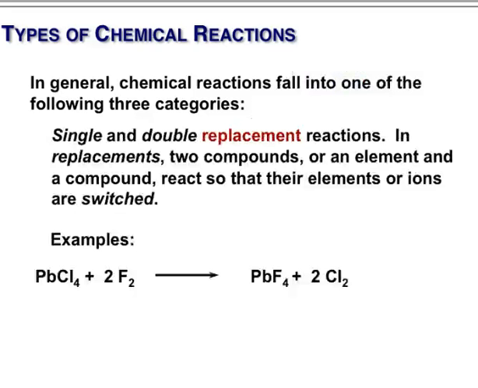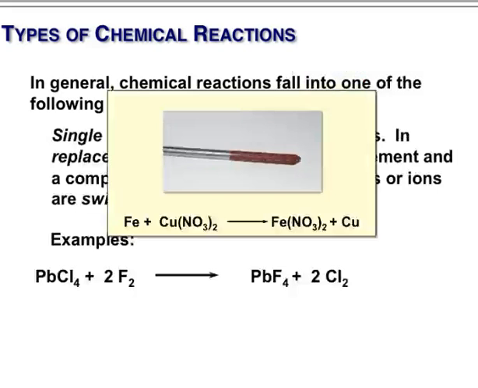Deja vu here. So this is what we just looked at, our single replacement reaction, right? We did one of these, didn't we? Remember our nail that we took and we put in copper nitrate.